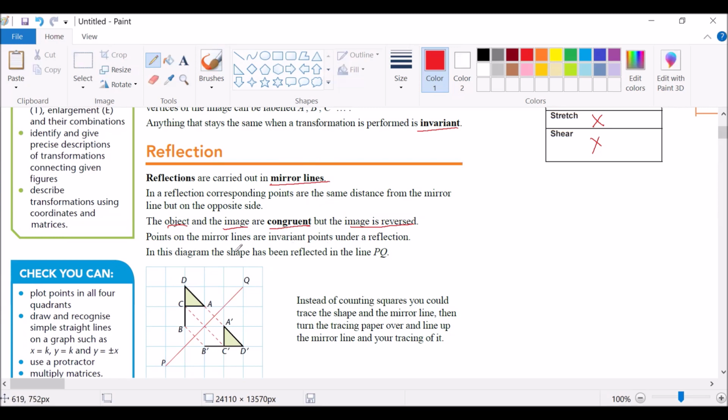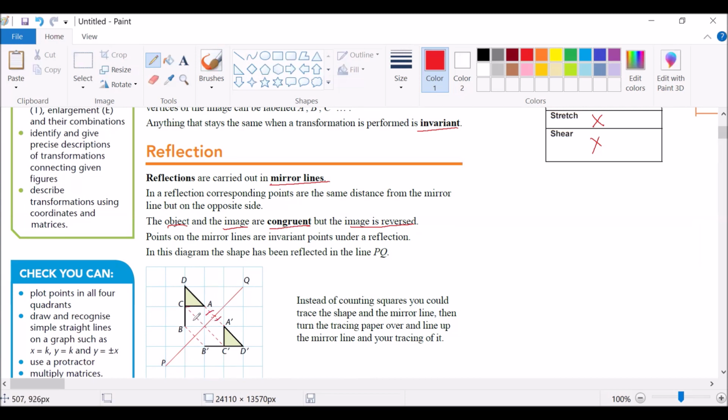In this diagram, the shape has been reflected in the line PQ. So we have our line PQ, and this is our object reflected into this line to give an image here. The perpendicular distance of A to the mirror is equal to the perpendicular distance of A bar to the mirror. So this distance is the same as that.